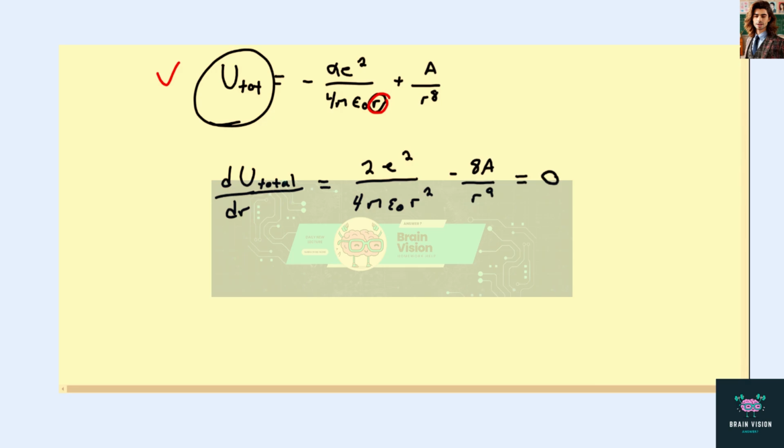And so from here, what we're going to be doing is trying to solve for r, okay? We'll just solve for this r. Let's rewrite it so we can get everything together.